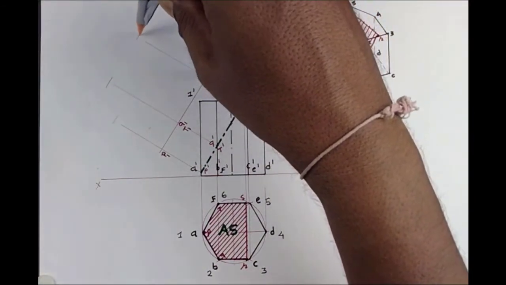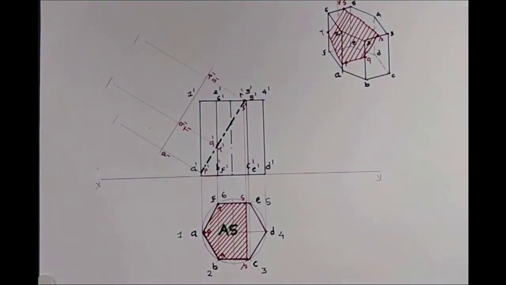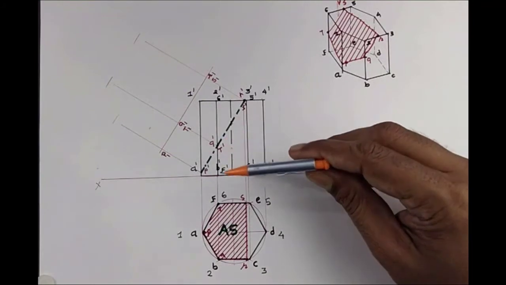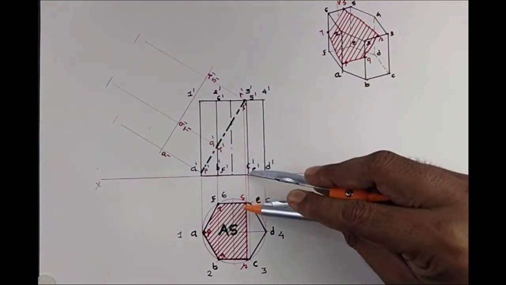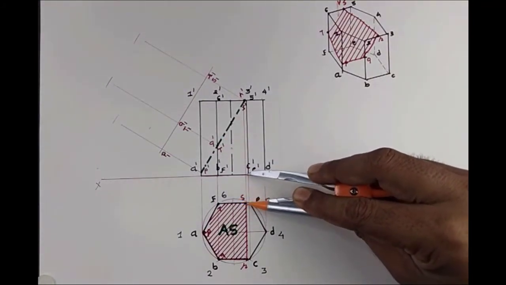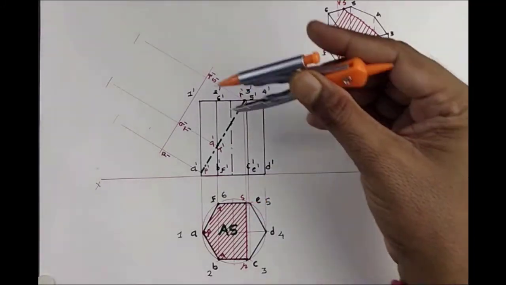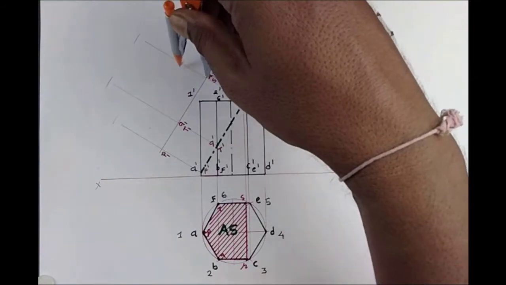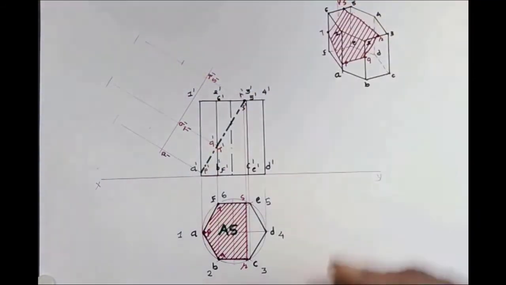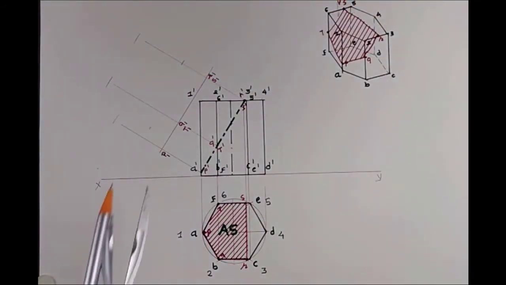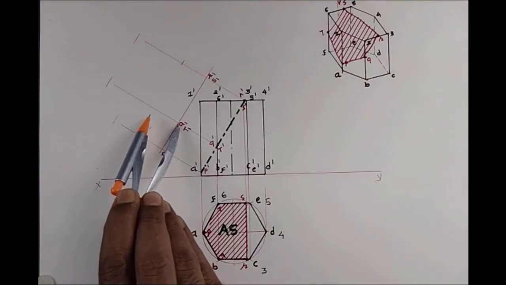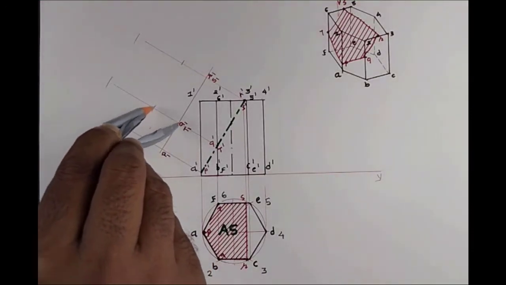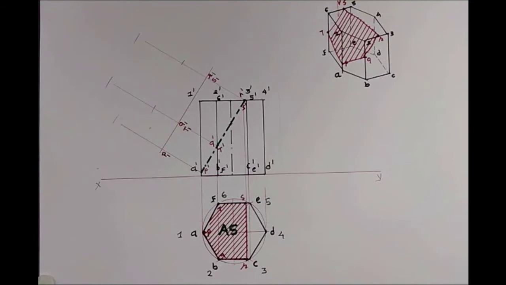I draw the arc. Now the vertical distance from XY to S point, S1 is the center. I draw the arc. Now keeping T1 as the center, I draw the arc.